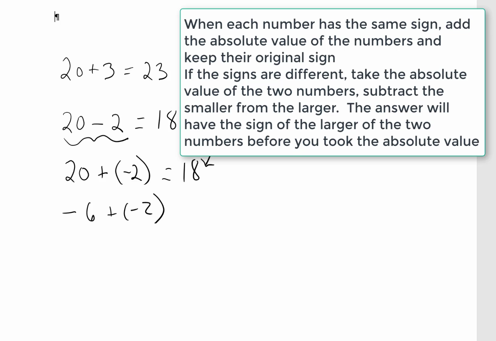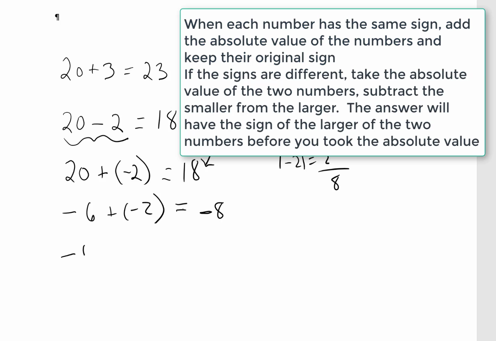So I could see things like negative 6 plus a negative 2. What do we do with that? Well, there are rules that we can follow. If in addition, both of my numbers have the same sign, I add their absolute values. So I add the absolute value of negative 6, which is 6, and the absolute value of negative 2, which is 2, and I add these to get 8. But since both numbers were negative, my answer would be negative.